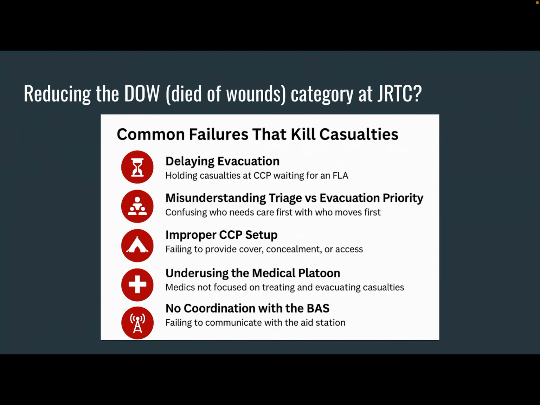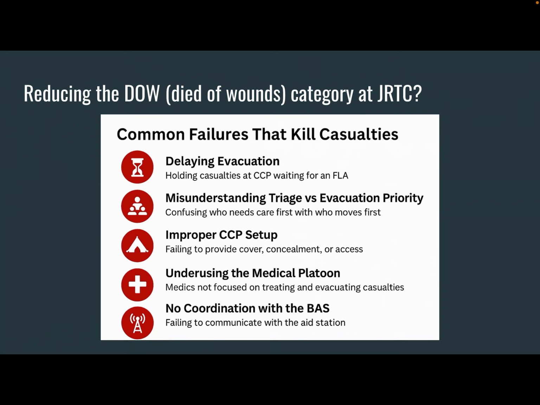Died of wounds is not just a medical number; it's a leadership report card. ATP 4-02.2 notes that early evacuation is the single most impactful factor in battlefield survival. So to reduce died of wounds, plan CCP into maneuver graphics, and move patients early, not after the fight.